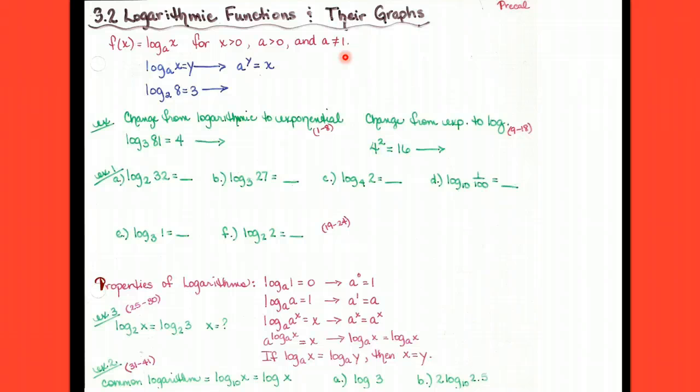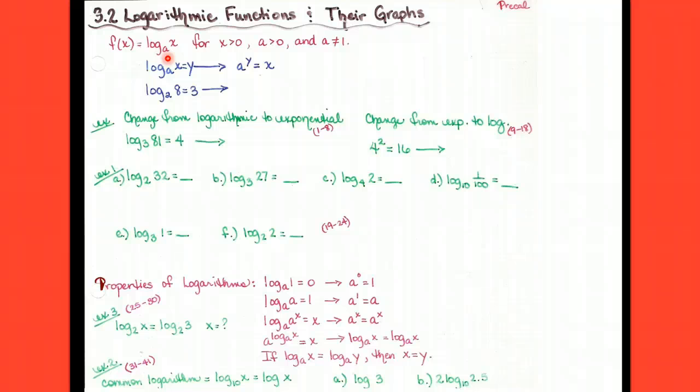And so the reason that we have the exact same restriction on the base of our logarithm as we did with the base of our exponential is because exponentials and logarithmics are inverses of each other. They're going to undo each other. We're actually going to be able to switch from logarithmic form to exponential form and vice versa.